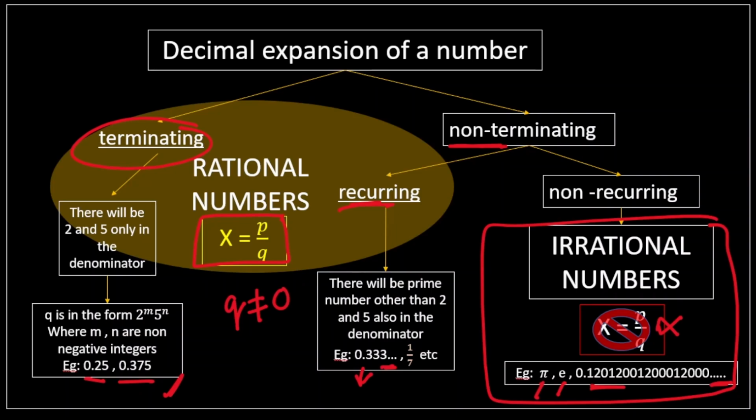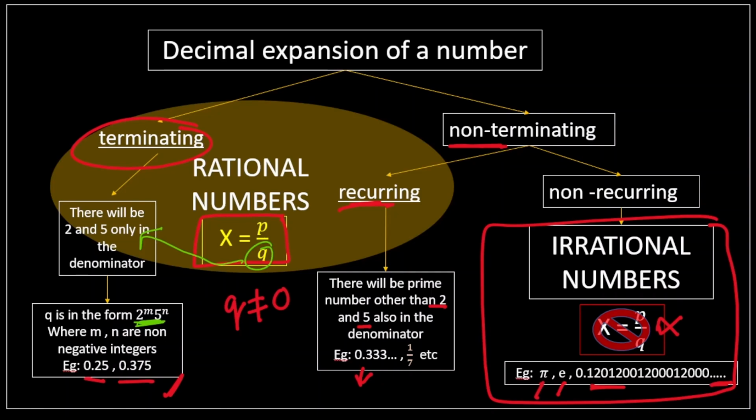Another example is 1 by 7, or any number where the denominator does not have 2 or 5, or has 2 and 5 but another prime number as well. So I have summarized that if in the denominator, in the q, only 2 and 5 are there, then it is going to terminate.